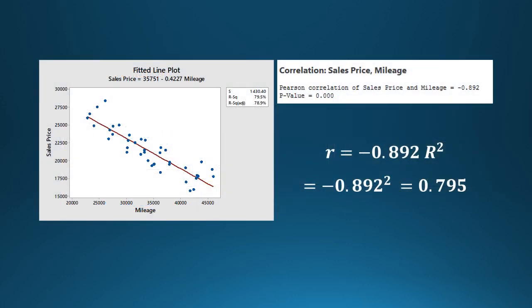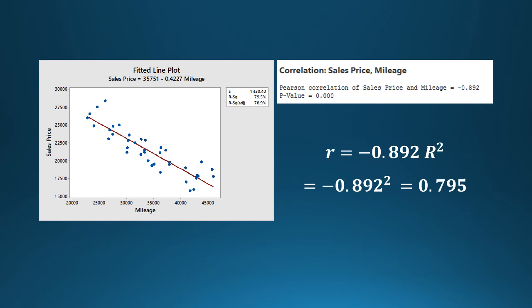Here is the fitted line plot for the ABC example. The fitted line plot gives us the regression equation as well as the R-squared. The R-squared value is 0.795, or 79.5%. The R-squared value is the correlation coefficient squared. Remember that the correlation between mileage and sales price is minus 0.892.